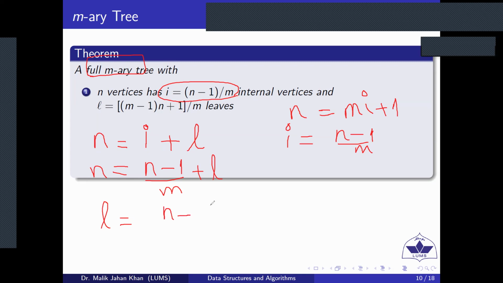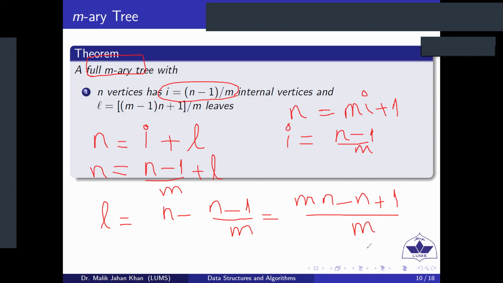This becomes n minus (n minus 1) over m, and if we simplify this, it becomes (m times n minus n plus 1) over m.